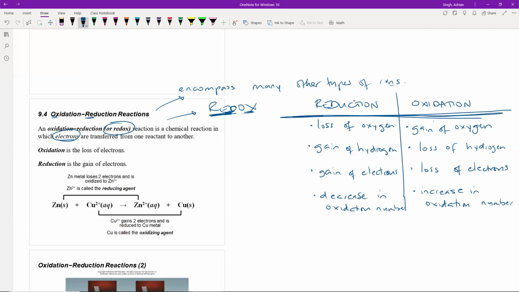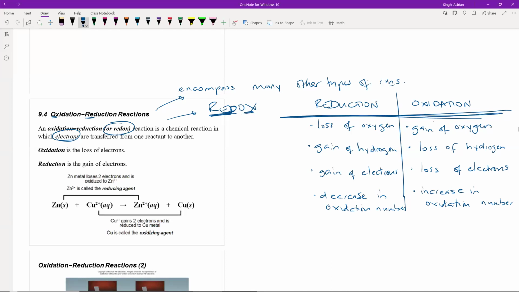So if you wanted to put this in your memory bank, you really only need to remember one side of this table, but the other side is just the opposite. And that's critical because we're going to have to identify these things down the road, whether something is undergoing oxidation or reduction.